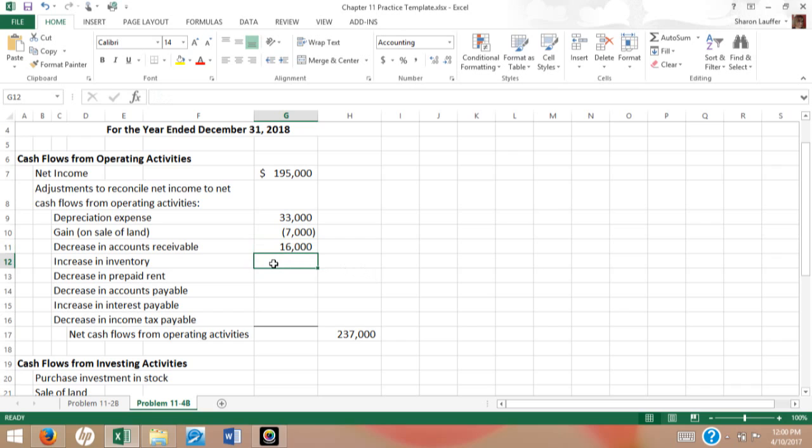So then we go to inventory, and again we're going to look at the balance sheet. We have comparable years, so our inventory went from $145,000 in 2017 to $160,000 in 2018. So I'm going to subtract that out. And the reason being, if we have an increase in inventory, that's an increase in an asset.